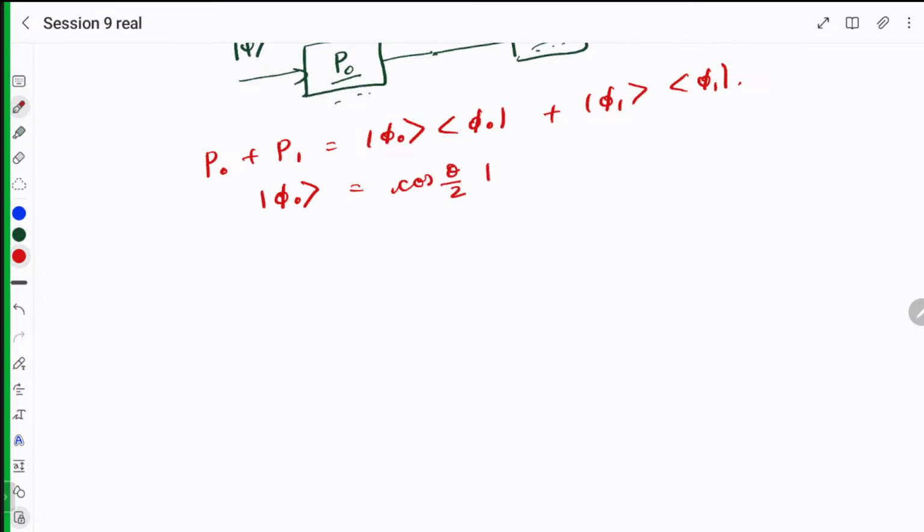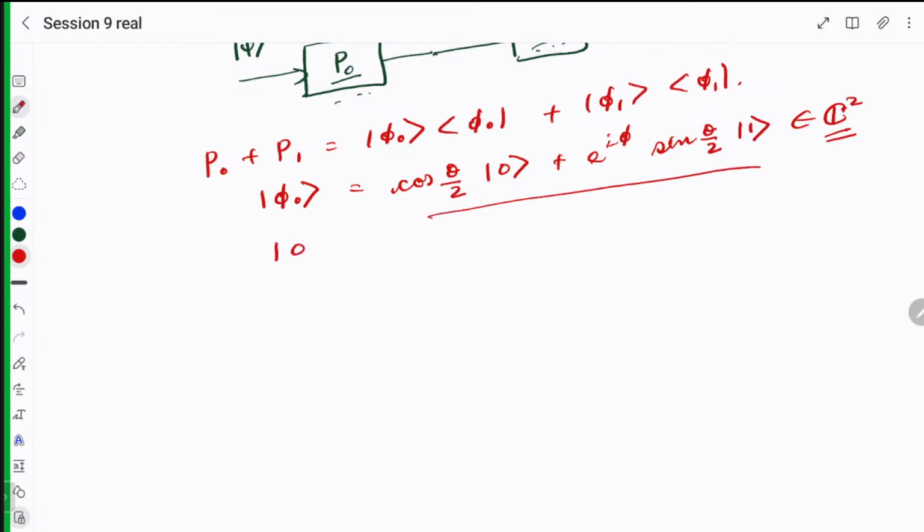As we have seen before, you can write a general state in the Hilbert space of a qubit, which is C2, like this. And phi 1 is the orthogonal vector to phi naught, so it would be something like this.